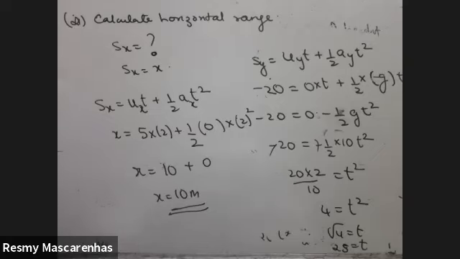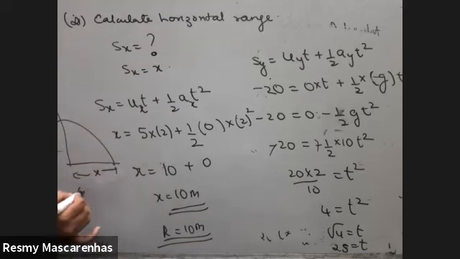Or even if it was asked horizontal range, no? So it means R. Nothing. This is the one, no? That's your X, which is same as your range. Then the third one, we have to find velocity.